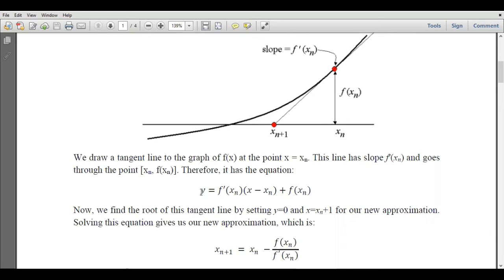Now, if I equate this y to 0, it means I am finding the zero crossing of this straight line, and this straight line has this equation. So the new point x which I obtain is actually x n plus 1, which is my new point, and this point is equal to xn minus f of xn divided by f derivative at xn.